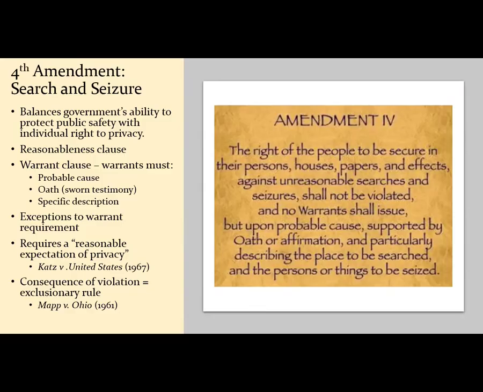This is an example of selective incorporation, where the Supreme Court has selected this particular protection against unreasonable searches and seizures, incorporated it through the language of the 14th Amendment, and extended it to states.